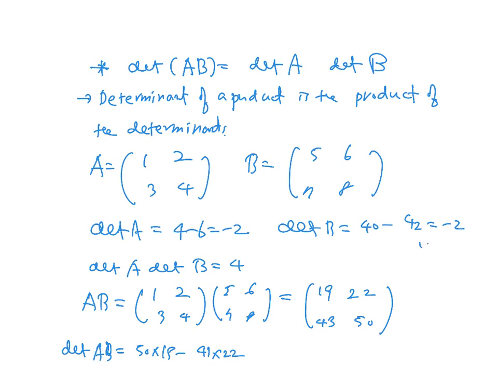So 19 times 50, 950. 43 times 22, 86, 86, 946, right? So that is 950 minus 946, 4. Very good, right?